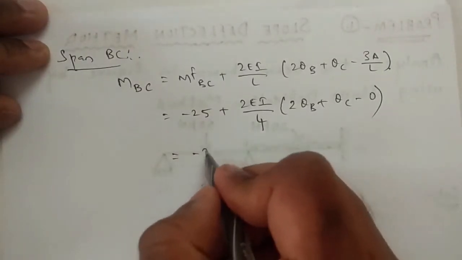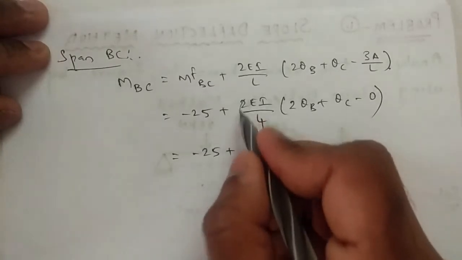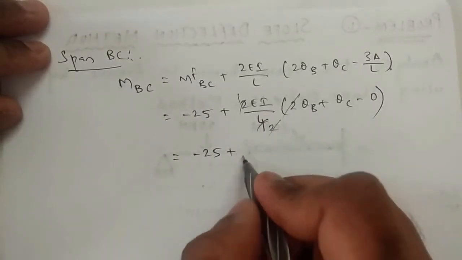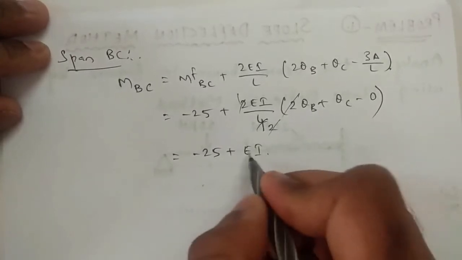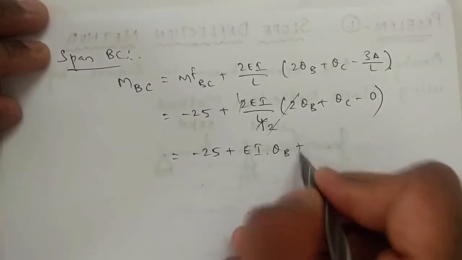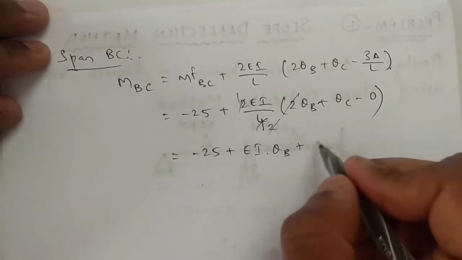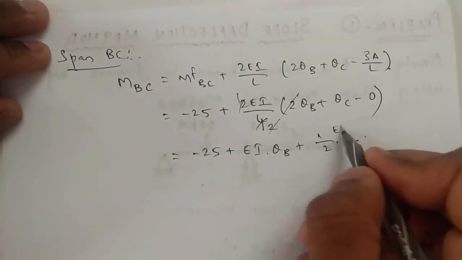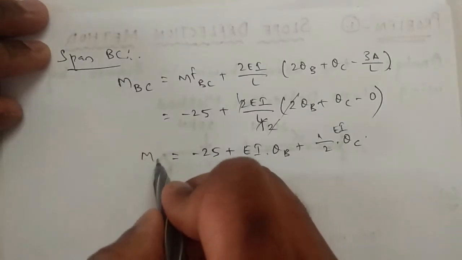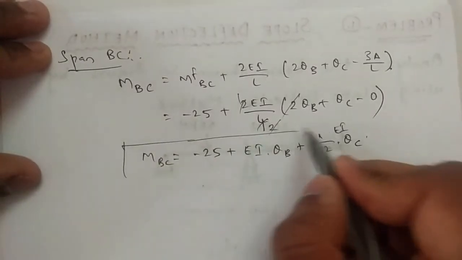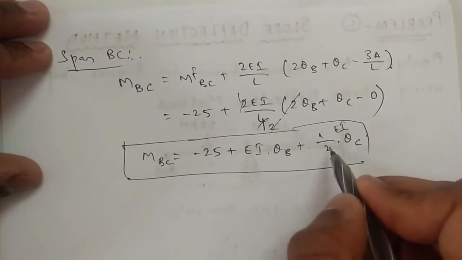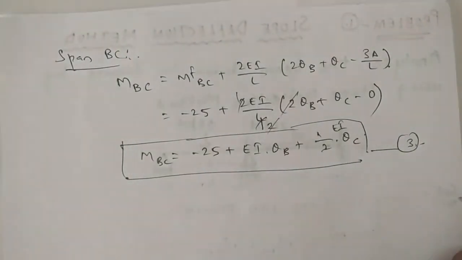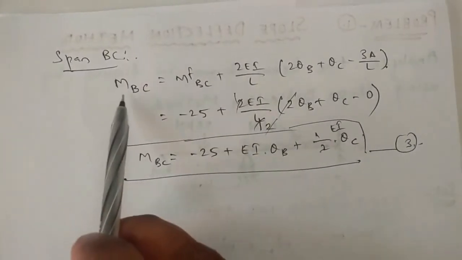Simplifying, I will get minus 25 plus, solve it, this 2 will get cancelled, EI into theta B plus 1 by 2 EI into theta C. This is my another equation, equation number 3.